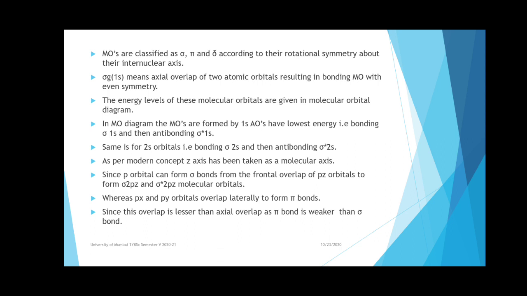But this overlap is weaker compared to the sigma bond overlap, and so we know that a sigma bond is stronger than a pi bond. Why? Because a sigma bond is formed by axial overlapping. So in axial overlapping, what happens? There is a maximum overlap of atomic orbitals. The same is not found in pi bond formation, and that's why it is a weaker bond.